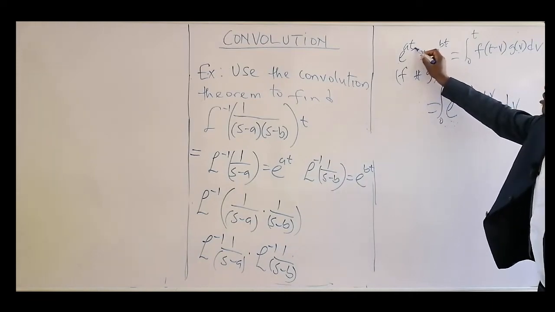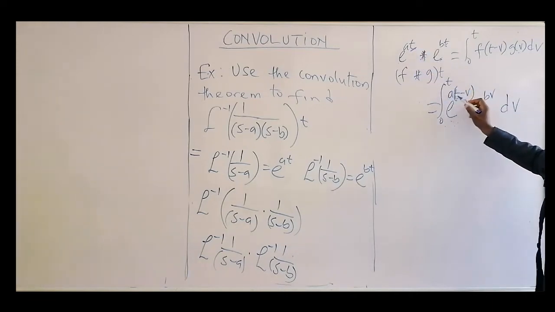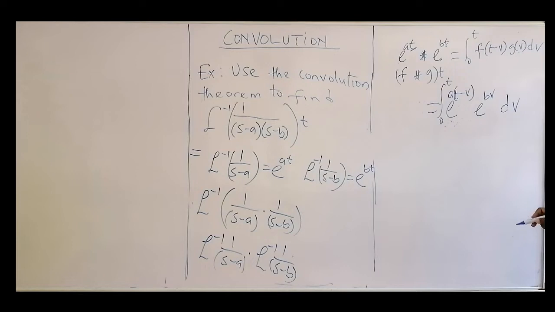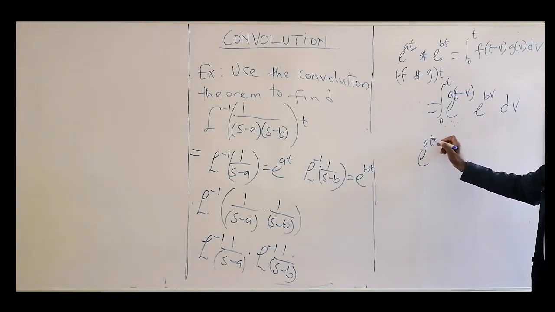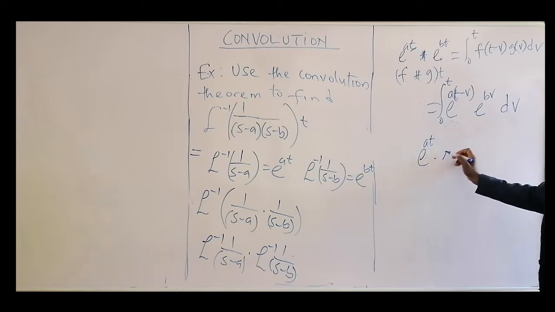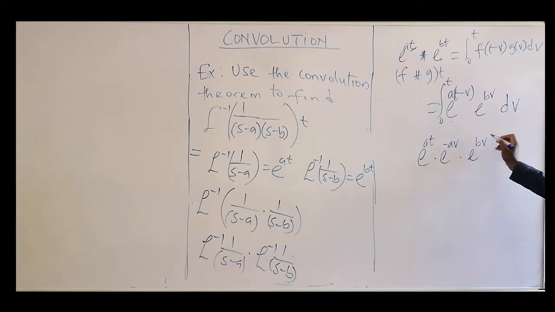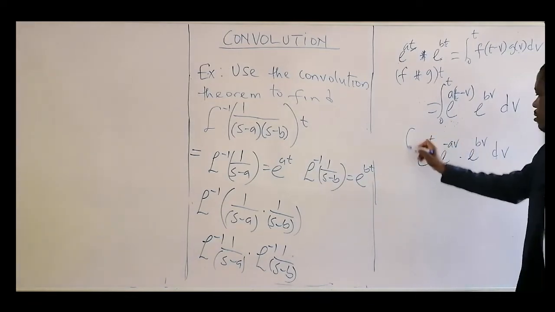Your t is substituted with t minus v. So then we now have e^(a(t minus v)) times e^(bv) dv.